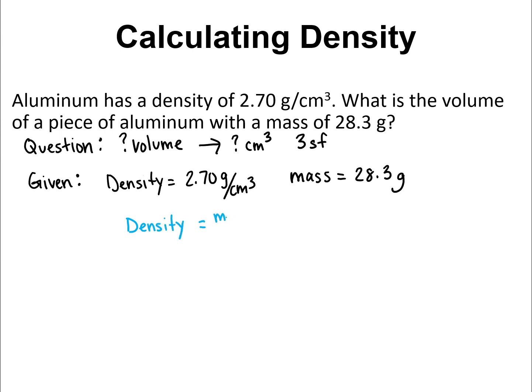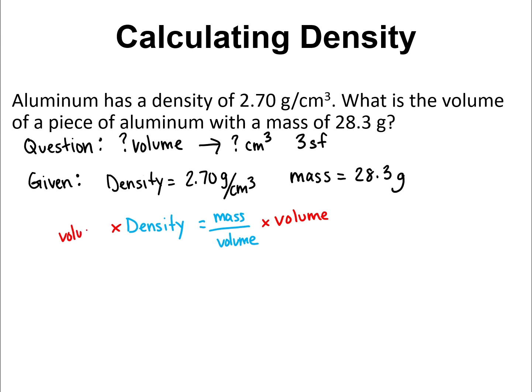Density is equal to mass divided by volume. You can solve this equation for the volume. What I'm going to do first, which is the easier way to think about it, is multiply both sides by volume.